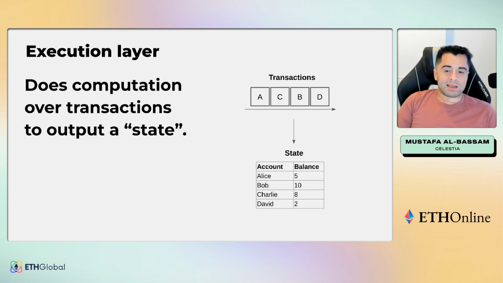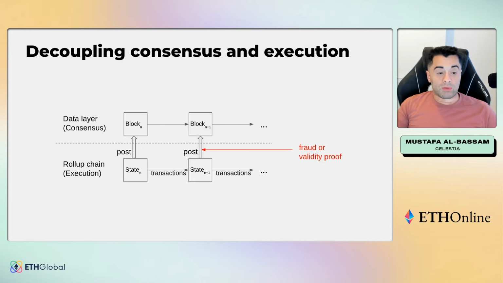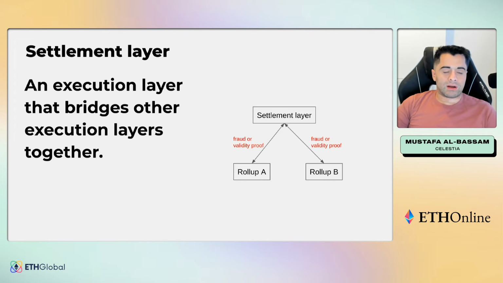What that basically means is, if you assume those arbitrary messages are transactions, then it does some computation on those transactions, and then it outputs, for example, a table of accounts and balances. And that's basically the job of rollups in a rollup-centric ecosystem. They do this execution and they offload the data and the consensus to the base layer.